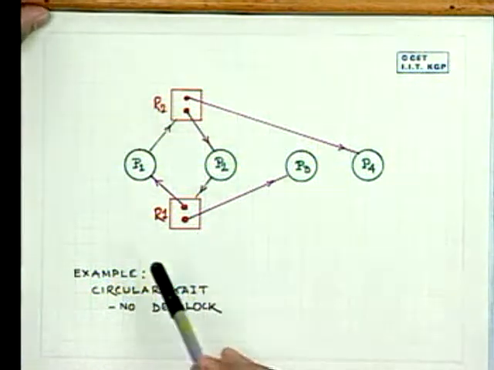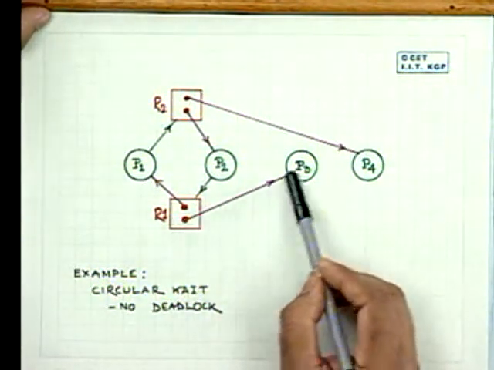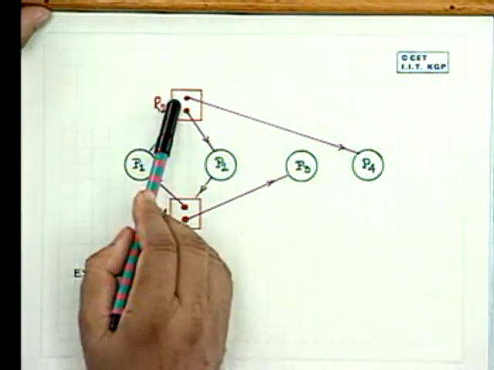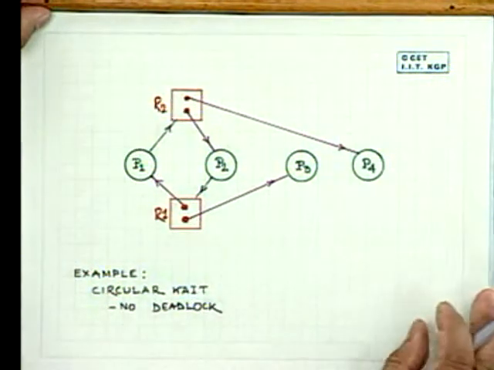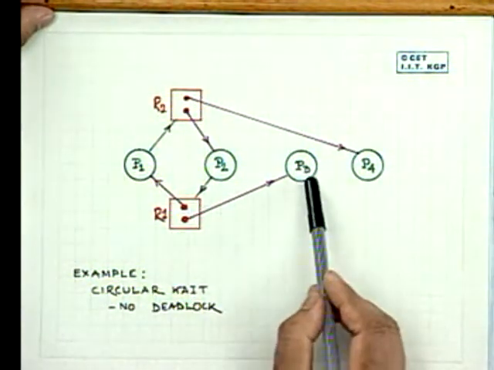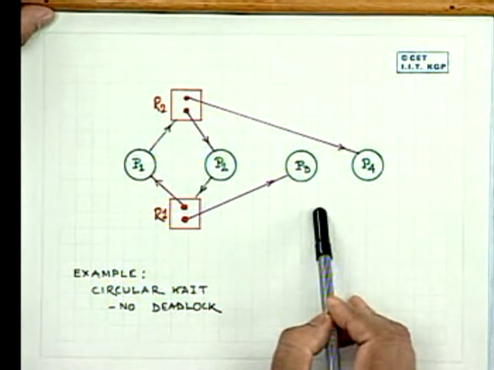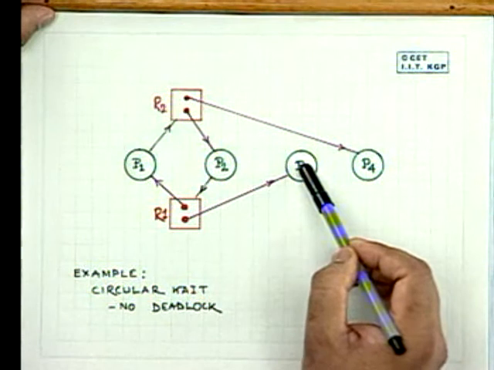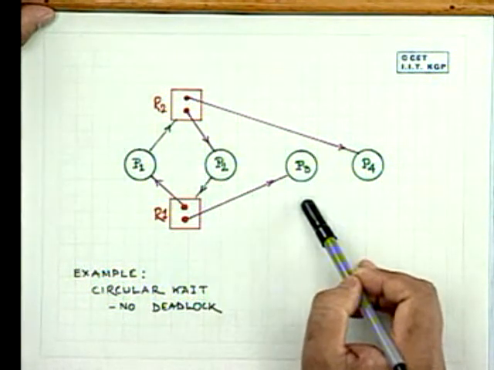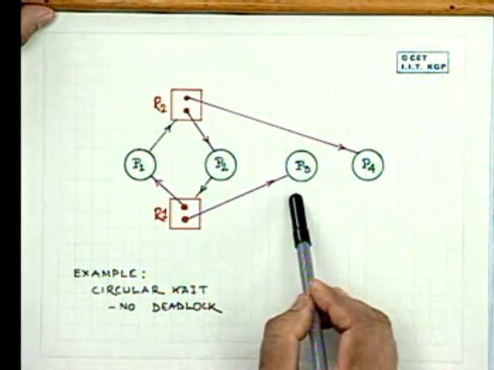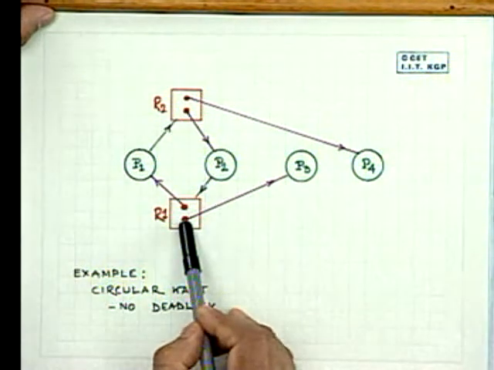Now you see one instance of R1 is held by P3 and one instance of R2 is held by P4. Naturally, P3 and P4 are not waiting for any other resource, and therefore P3 can finish and release that instance of R1.